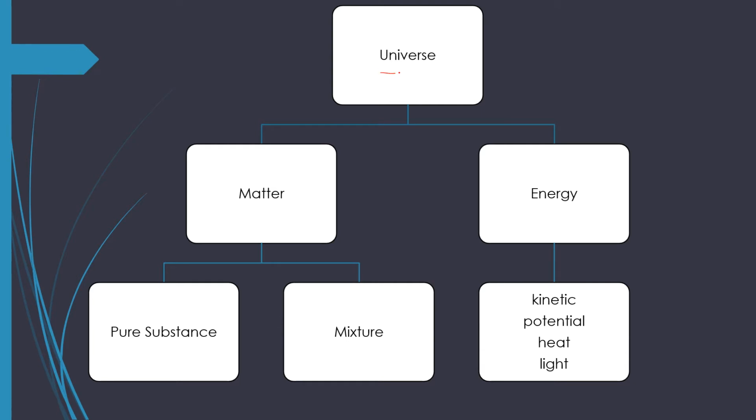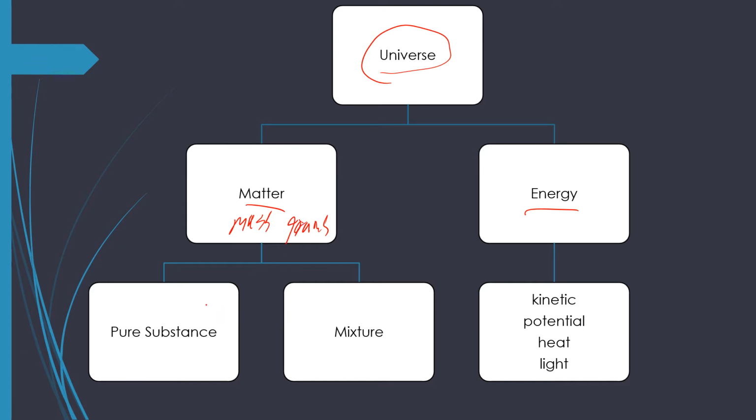The entire universe can be broken down into either matter or energy. Everything in the universe can be classified as either matter, having mass in grams, or energy, which you can't physically hold but has more to do with motion or heat.